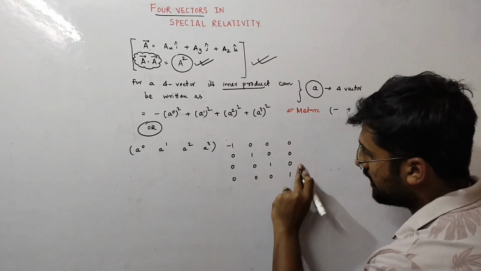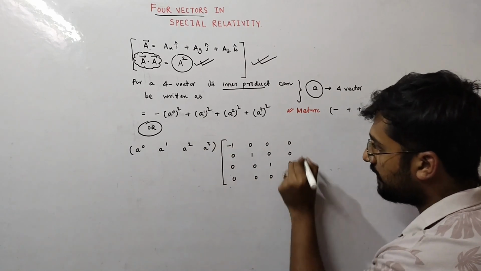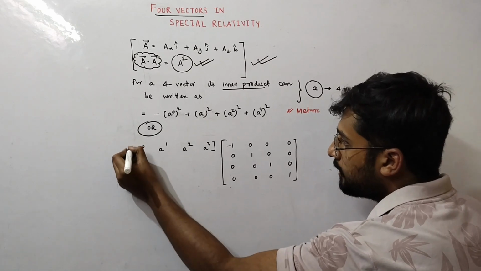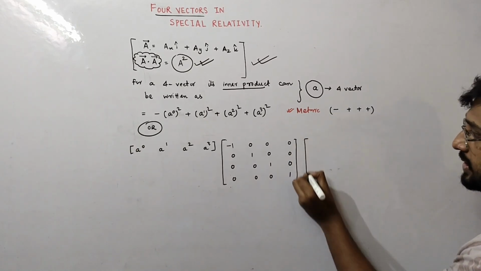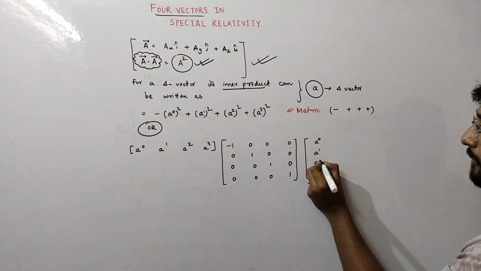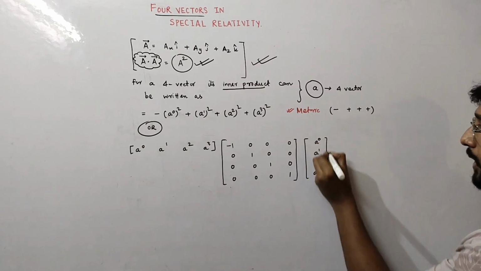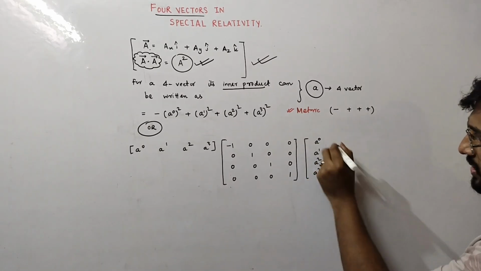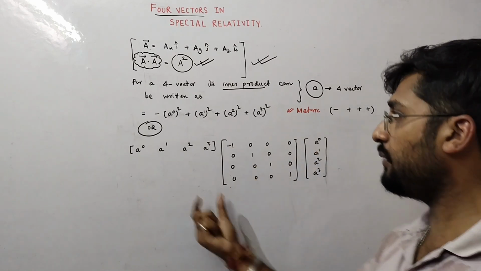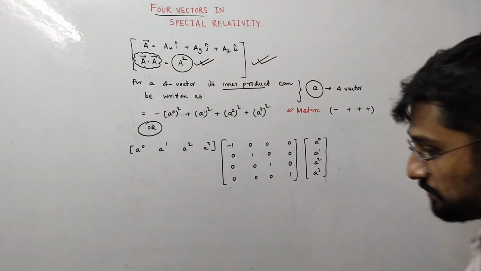So this is the matrix that I have written down. And this is multiplied with A naught, A1, A2, A3. If you multiply this vector with this matrix, and then with this, you'll eventually get this one.